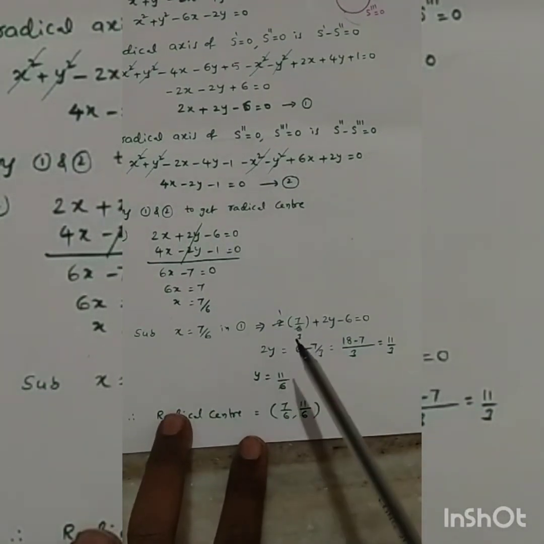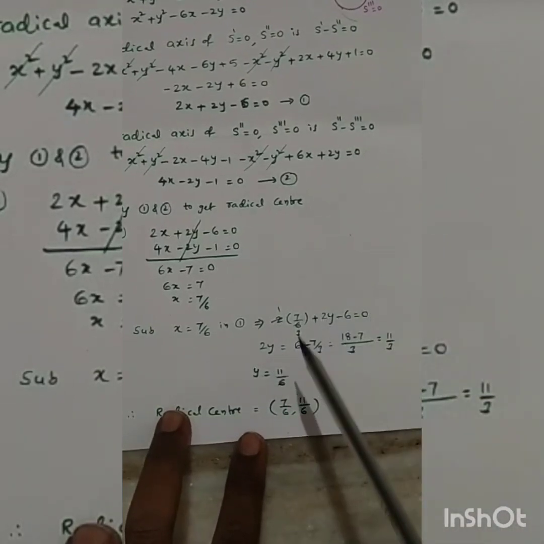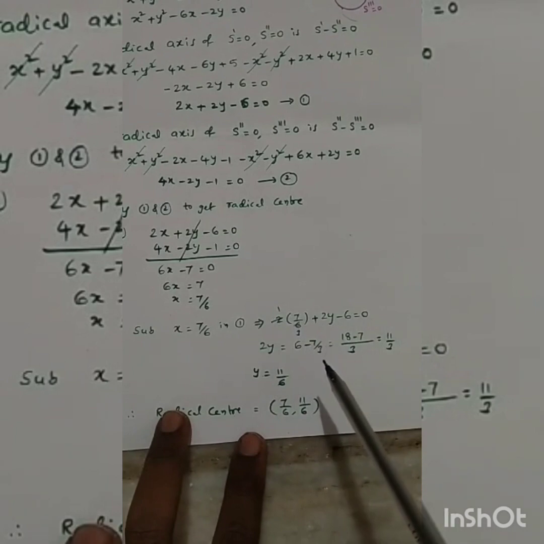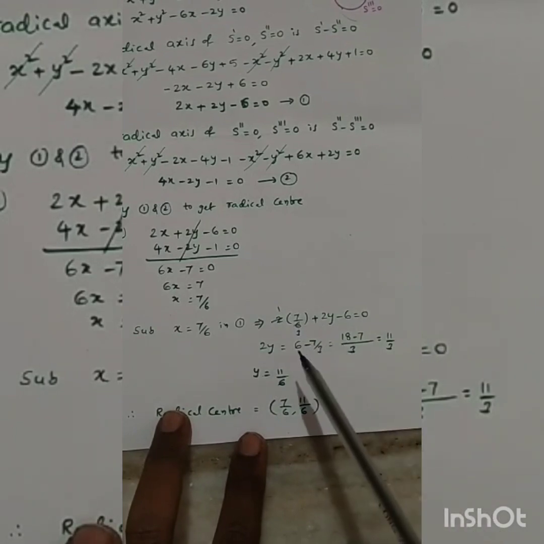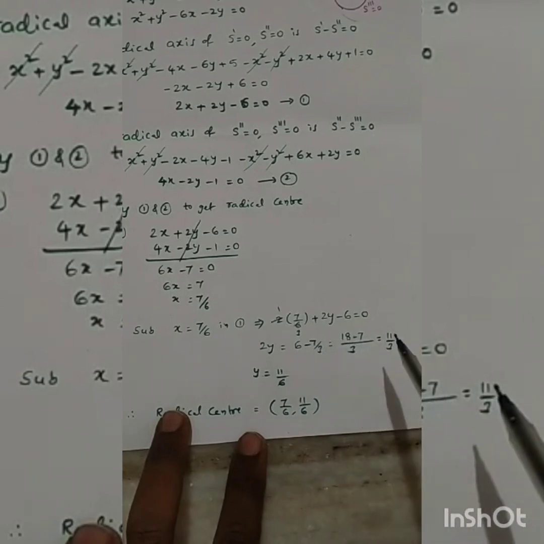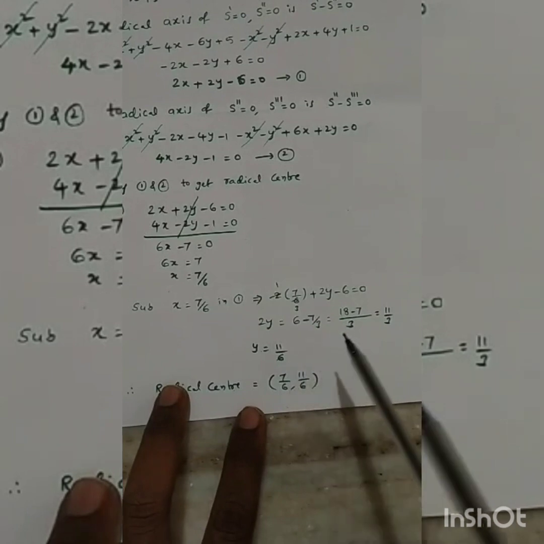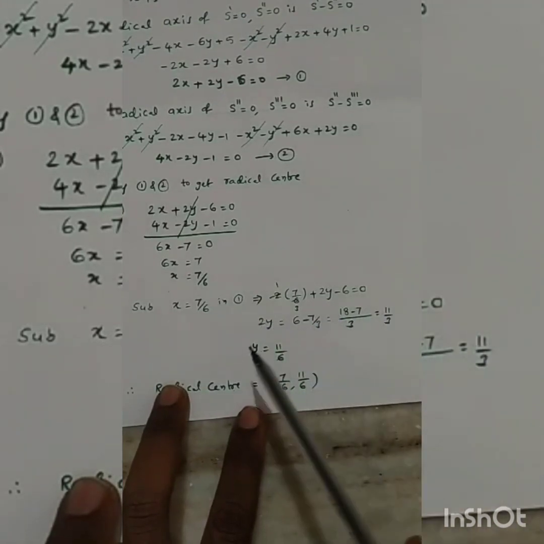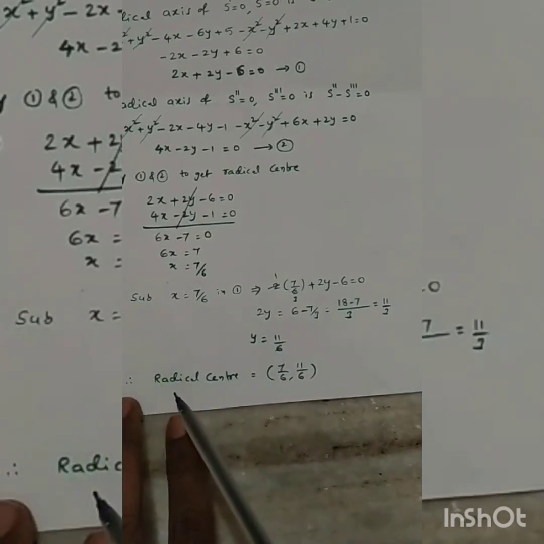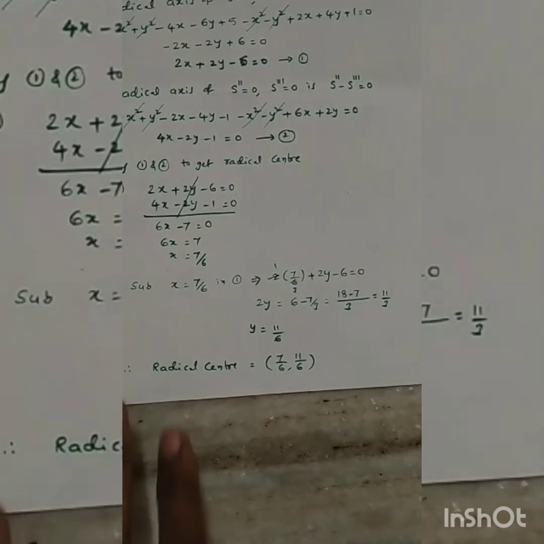Here 2 ones are 2, 3 twos are 6, so 2y is equal to minus 6 comes to this side plus 6, and 7 by 3 comes to this side minus 7 by 3, which is equal to 11 by 3. So 2y is equal to 11 by 3, y is equal to 11 by 6. Therefore the radical center becomes 7 by 6 and 11 by 6. Thank you.